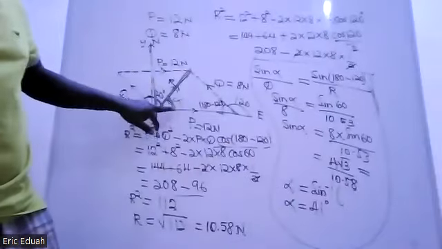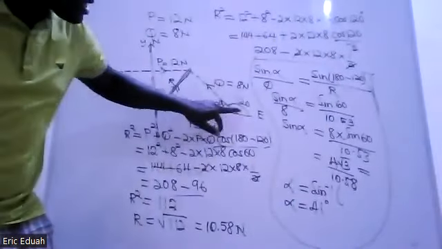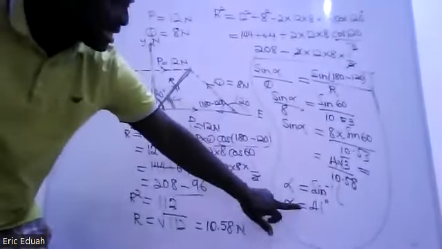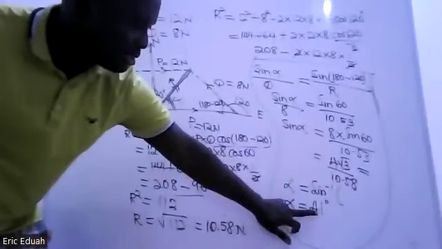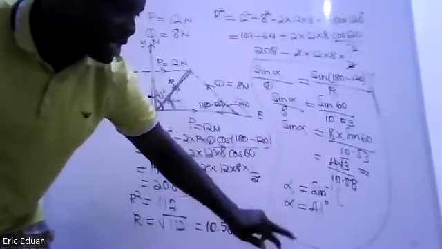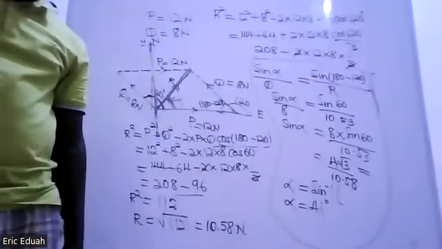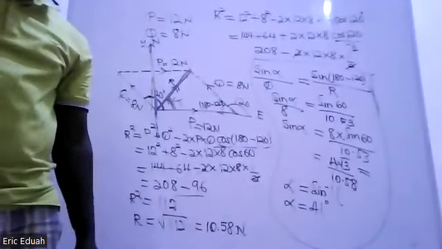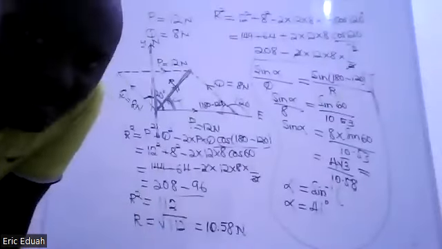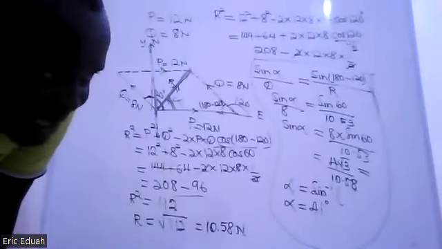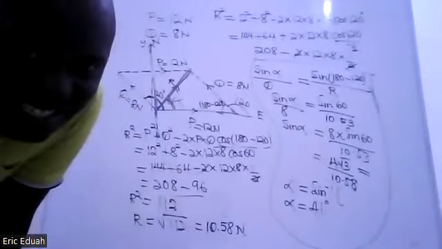So what this means is that the direction of the resultant from the x-axis or from the east is 41 degrees. So you write it as 41 degrees from the east, exactly, or from the x-axis.